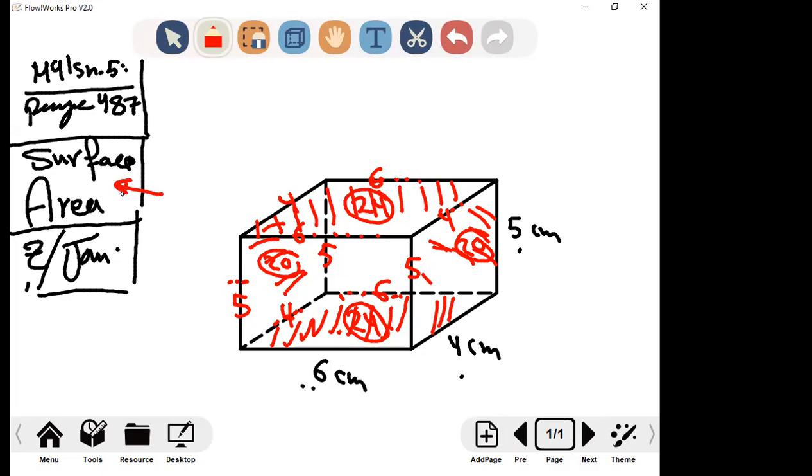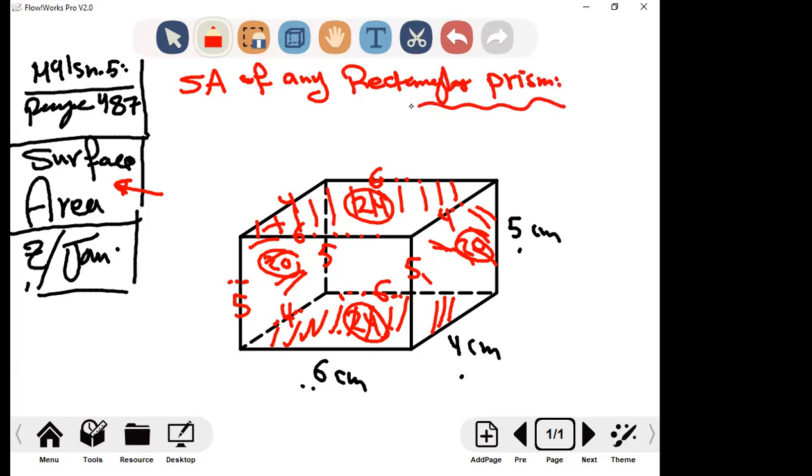So, to find the surface area of any rectangular prism, this formula is only for the rectangular prism. Like the volume, it has a formula: length multiply width multiply height, only for finding the volume of a rectangular prism. So the rectangular prism has a unique formula to find the surface area.